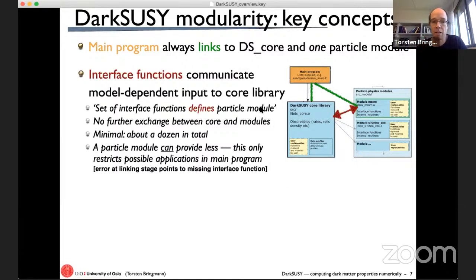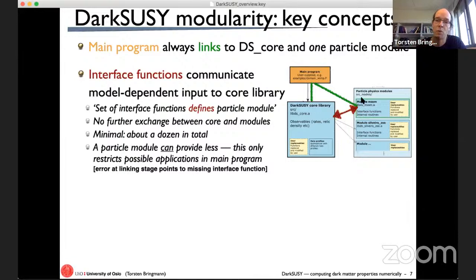So that means that in some sense, this set of interface functions defines the particle module as seen by the core library. Of course, if you want to provide a new particle physics model, this can be very complicated to provide, but in the end, it is totally up to the particle physics module how to implement this.